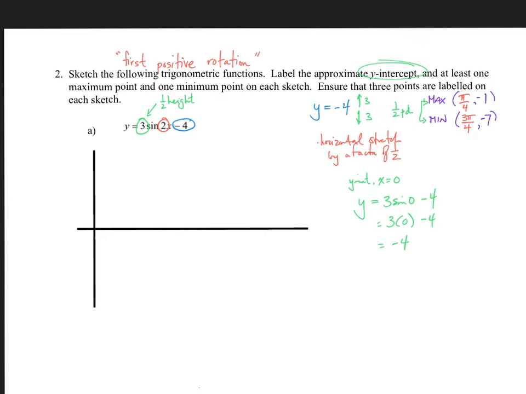Now, you'll also get a little confirmation that any of those transformations aren't really going to affect my y-intercept, at least not horizontally. So my normal y-intercept on my sine curve is 0. Vertically stretching that by a factor of 3 causes no change. Horizontally stretching it by a factor of a half causes no change.